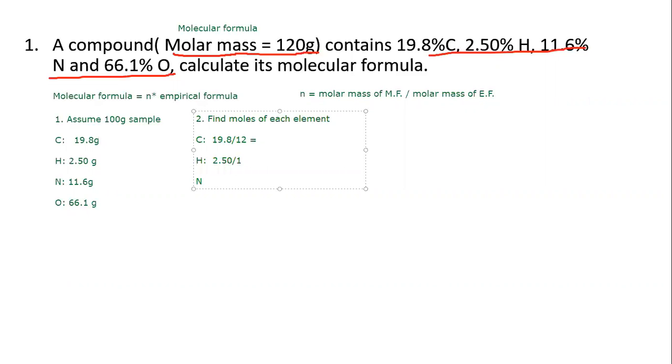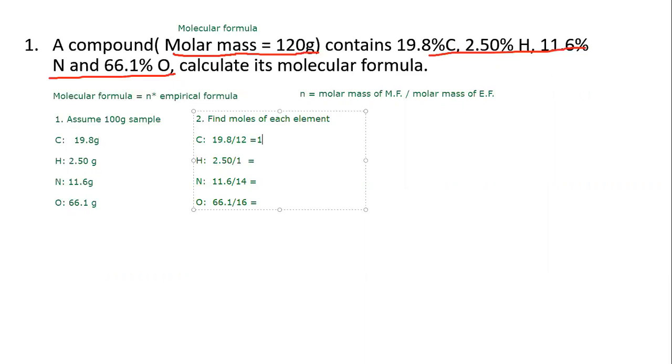For nitrogen, 11.6 divided by 14. And one more, oxygen, 66.1 divided by 16. So now we can determine the moles of each. So mass divided by molar mass gives us moles.